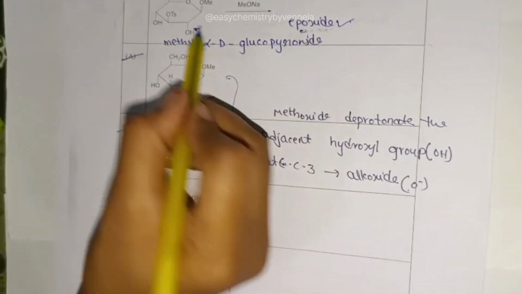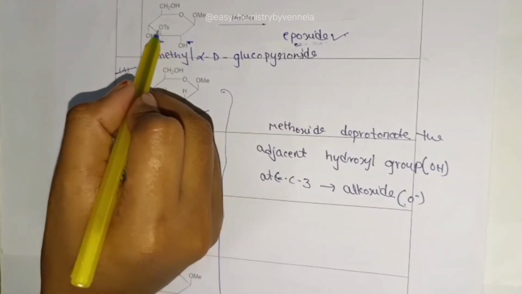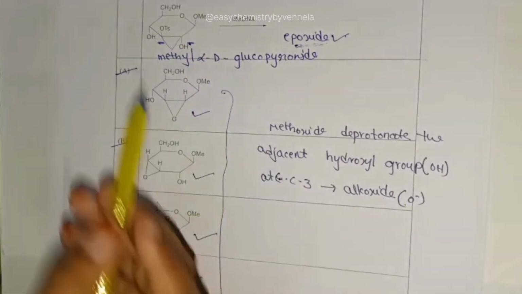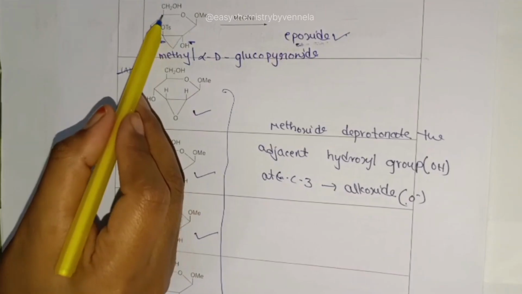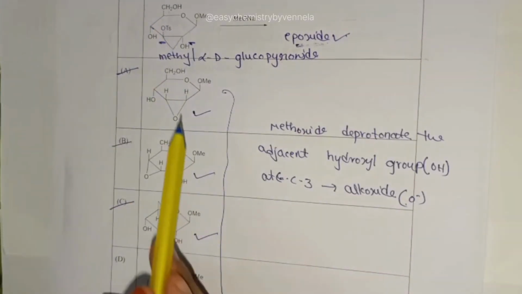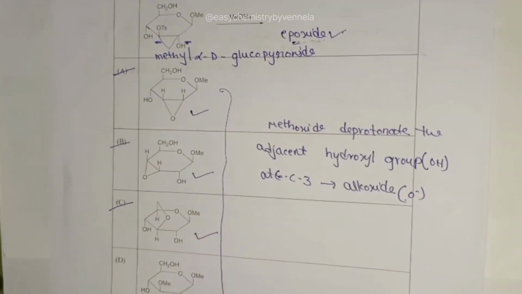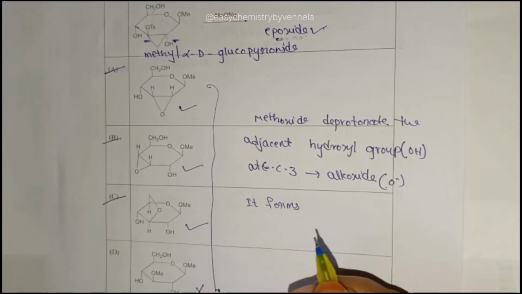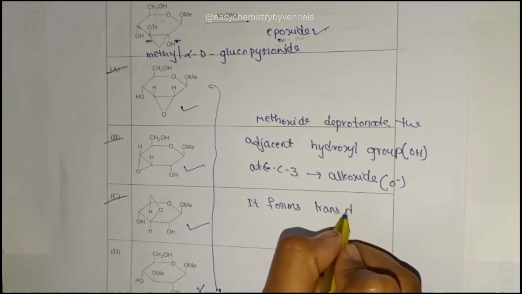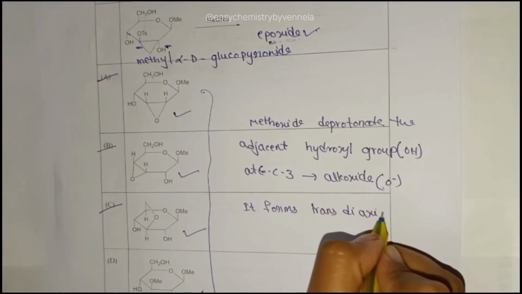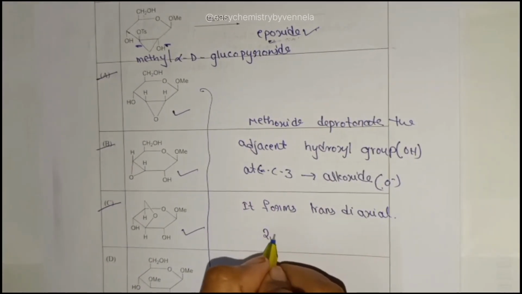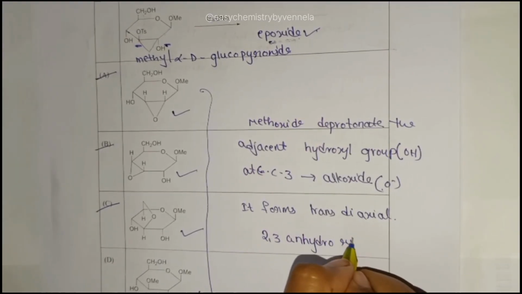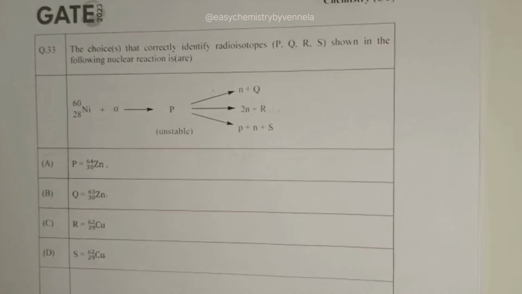Here and here, because tosylate is a leaving group, it can form an epoxide like this, after like this, after this. So these are all correct answers. It forms trans diaxial 2,3 anhydro rings. It can form anhydro rings.